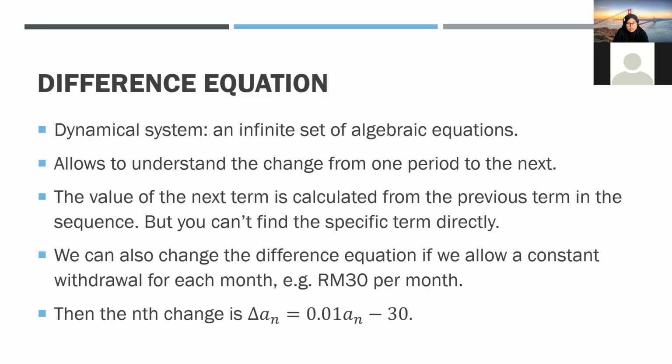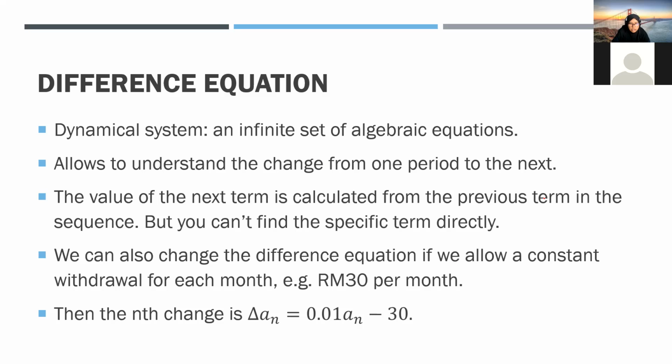Like I have said just now, it goes from one period to the next, not beyond to the ones further ahead. The value of the next term is calculated from the previous term in the sequence, but you cannot find the specific term directly. That is the example I gave earlier.